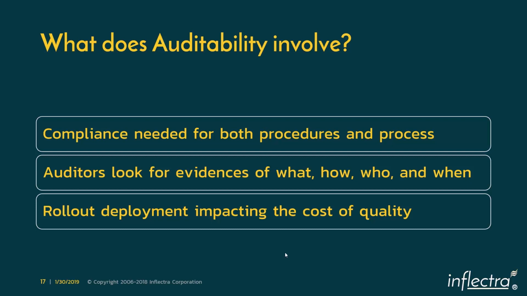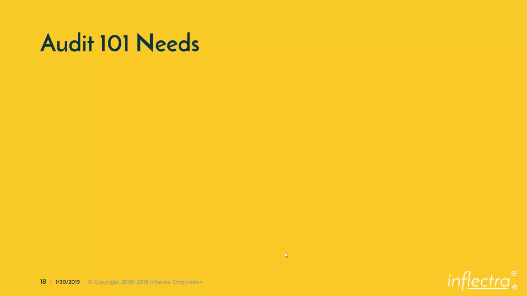Sometimes this auditability should be at the level of even rolling out deployed changes, impacting the cost of quality. Auditability should augment the version control and source code control practices within each project artifact.